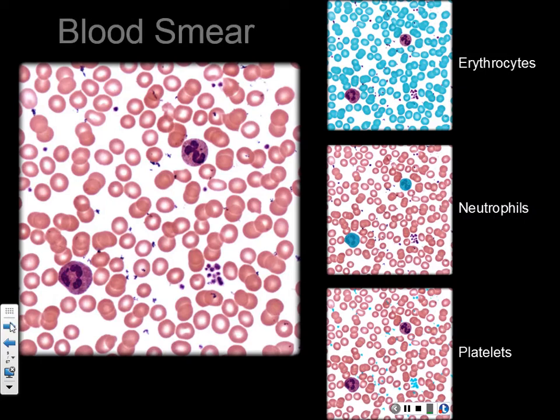Okay, so you can see a blood smear, and you can see a whole bunch of red blood cells, of course, and then white blood cells. What are these? Not really red, it's actually purple, this one. But look at the multi-shaped nucleus.